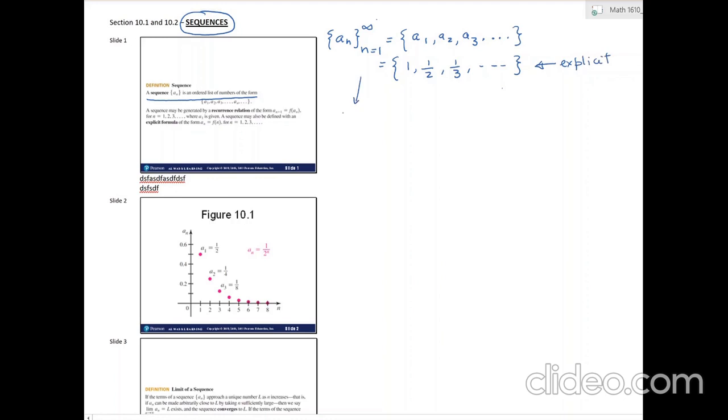One is in recursive form, also called recursion formula, and the second way is to write it as an explicit formula.